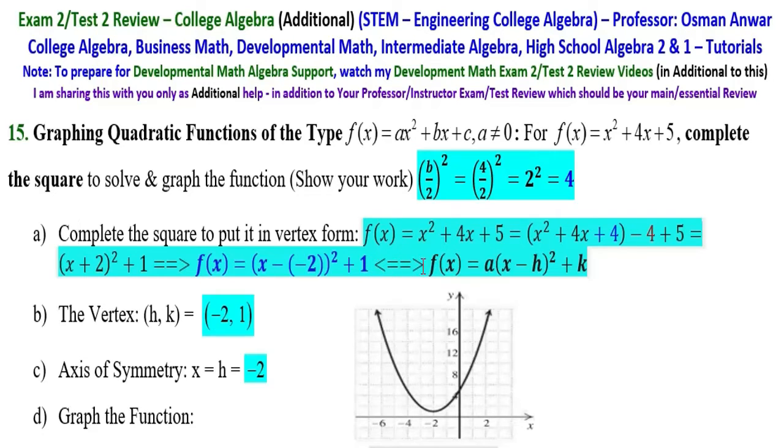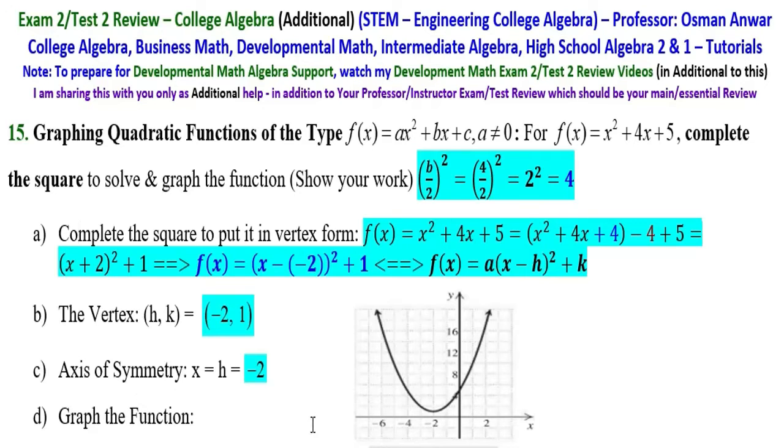So this is in the form f of x equals a times (x minus h) squared plus k. That means the vertex is (h, k), h is minus 2, k is 1. So that's the vertex. Axis of symmetry x equals h equals minus 2.